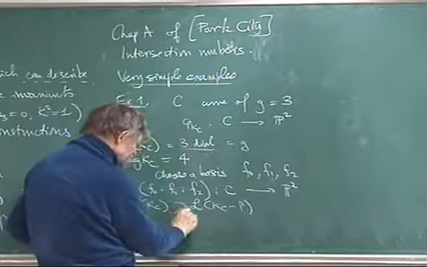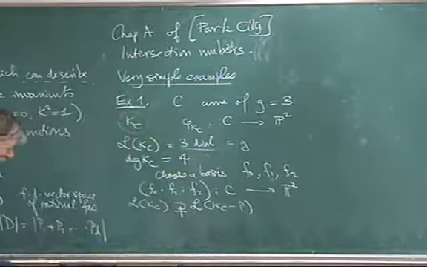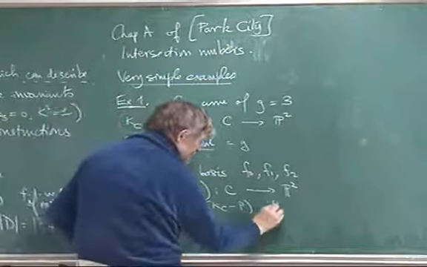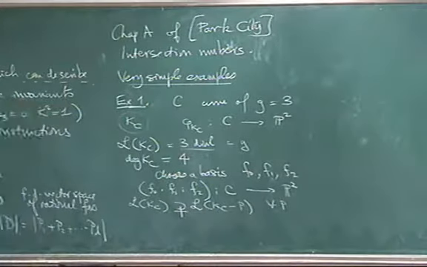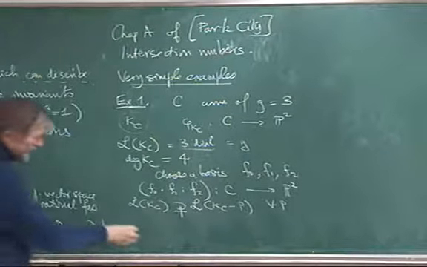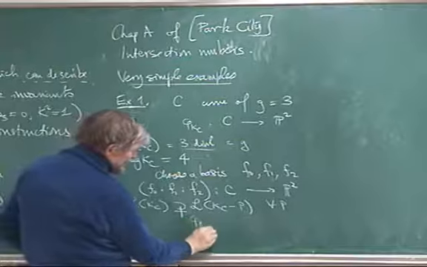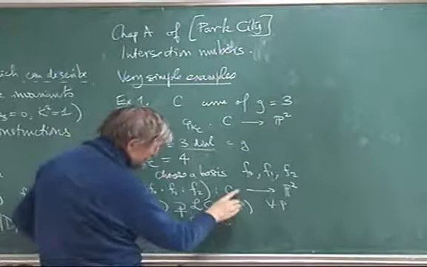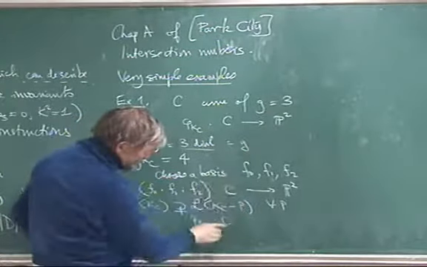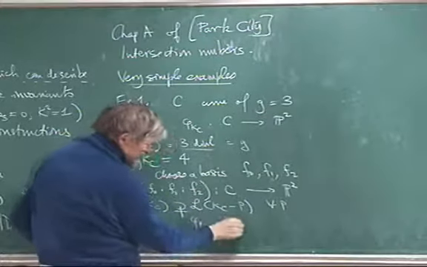So this is not equal for all P. And this means that this map here, phi_KC, is a morphism. It's not a matter of having to extend a map to a morphism. It's a morphism as given.